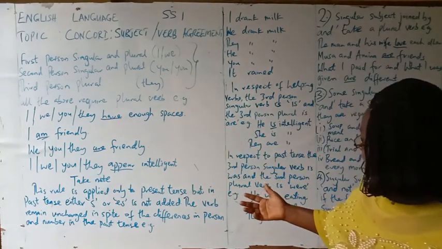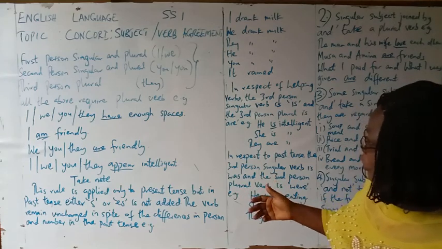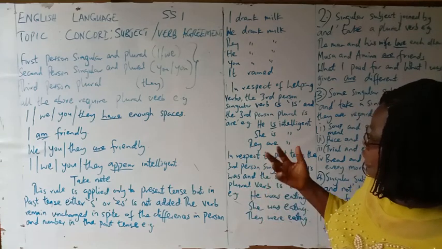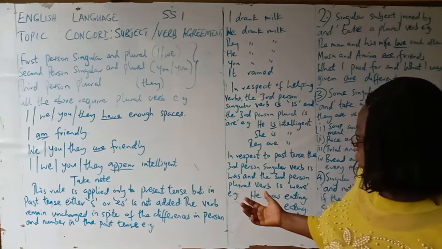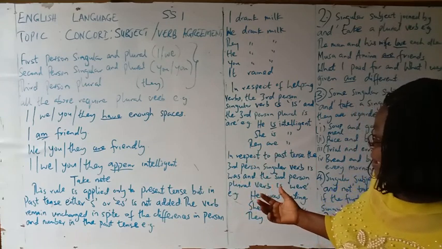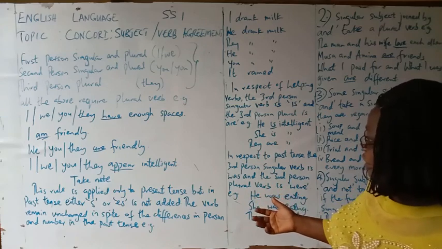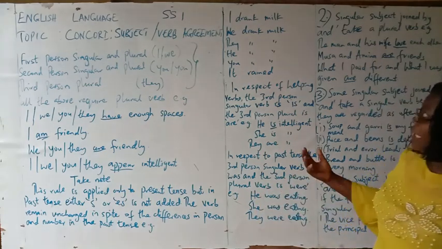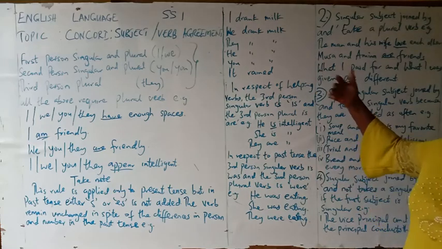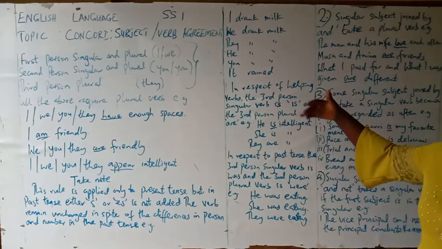It only applies to present tense verbs. When the verb is in the past, it doesn't affect it at all. It doesn't carry S or ES any longer. The verb remains unchanged. For example, I drank milk. We drank milk.